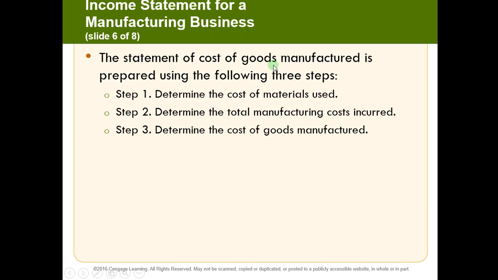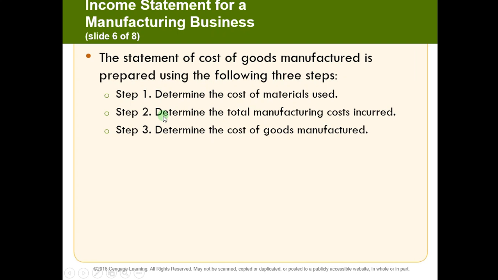So the statement of cost of goods manufactured has 3 steps to it. The first step, determine the cost of your materials used. All right, that's your raw materials. What raw materials did I pull out of my raw materials inventory and start putting together into a finished product?